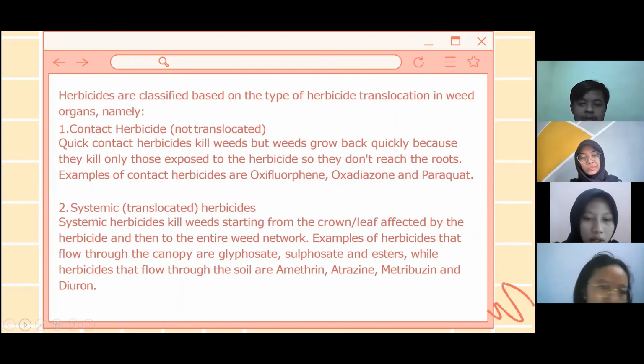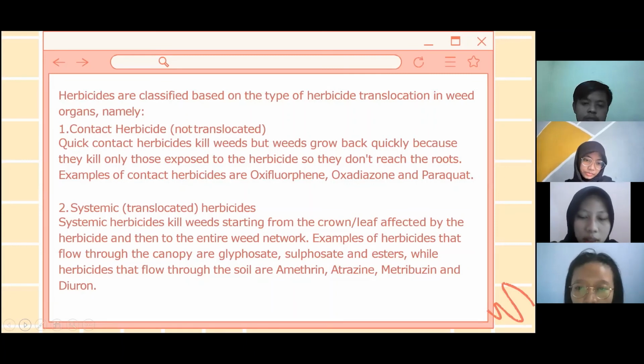Systemic, translocated herbicides. Systemic herbicides kill weeds starting from the crown or leaf affected by the herbicide and then spread to the entire weed network. Examples of herbicides that flow through the canopy are glyphosate, sulfosate, and esters, while herbicides that flow through the soil are ametrine, atrazine, metribuzin, and diuron.